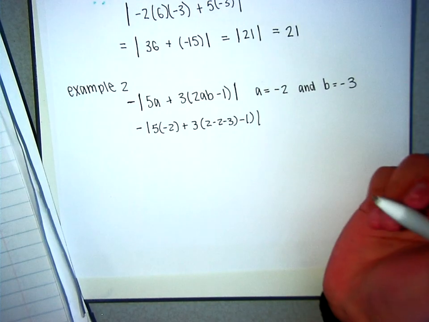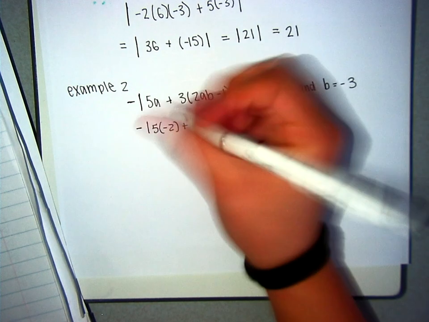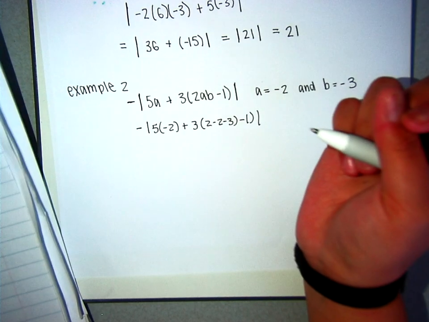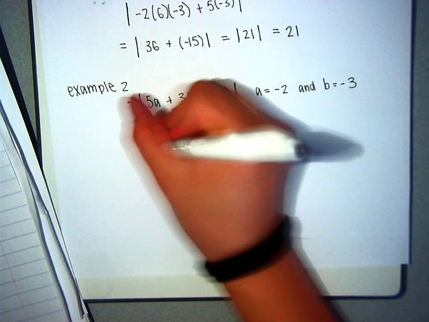What did you do? 2 times negative 2 times negative 3 is positive 12.